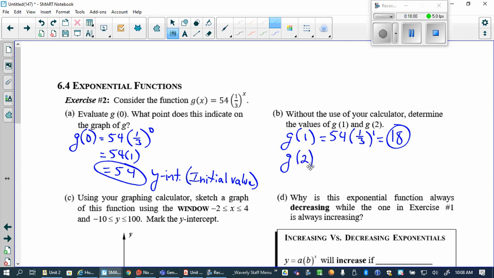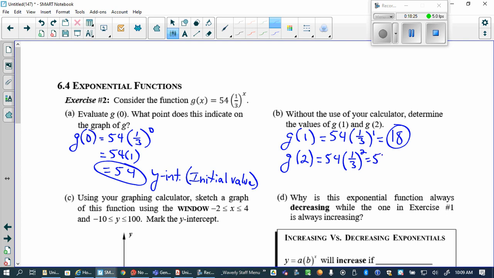How about g of 2? Think of it this way: if x is 2, that means we've multiplied 54 by 1/3 once and then again. So aren't we just taking 1/3 of 18? What's 18 divided by 3? 6. Let's do it this way: 54 times 1/3 squared.